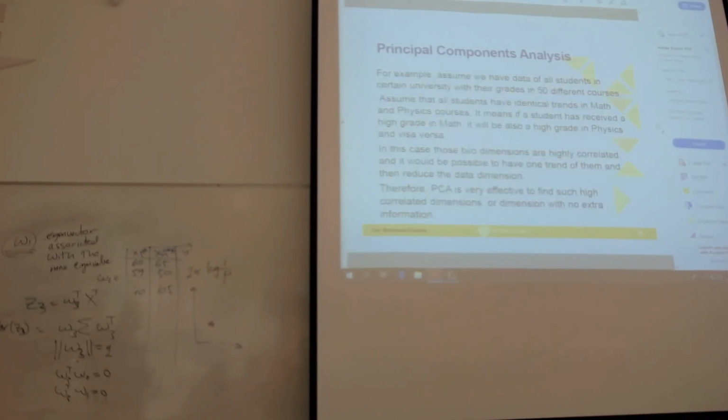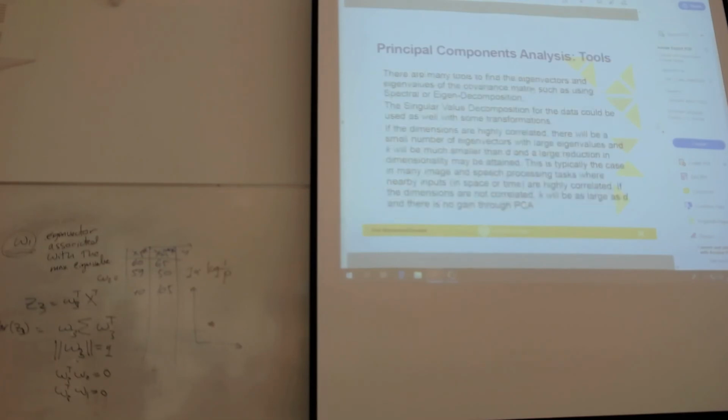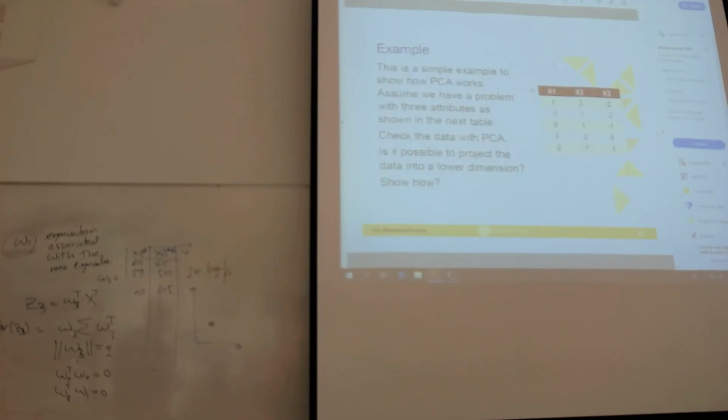That is the principle of how to build principal component analysis. There are different techniques to find the eigenvalues and eigenvectors, but the simplest is to use the available packages. We have singular value decomposition and eigen decomposition, but fortunately you don't need to do them by hand. We have ready packages that calculate them.